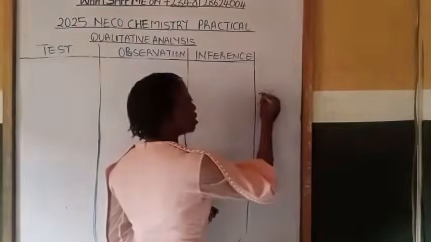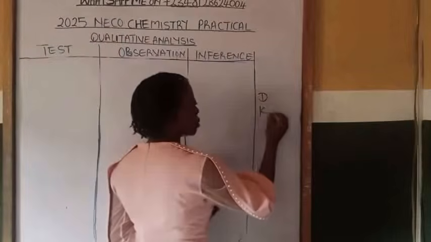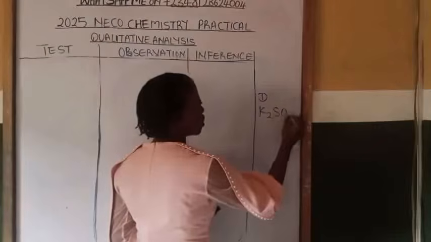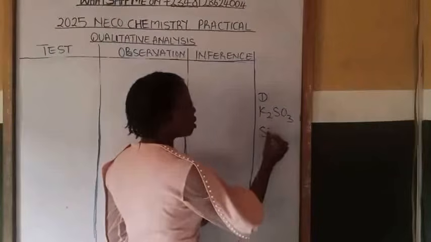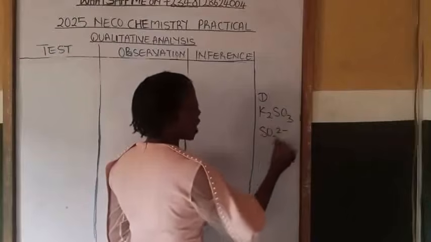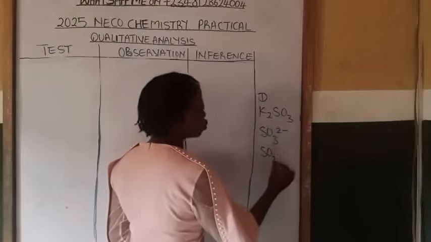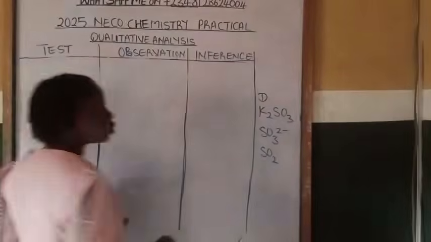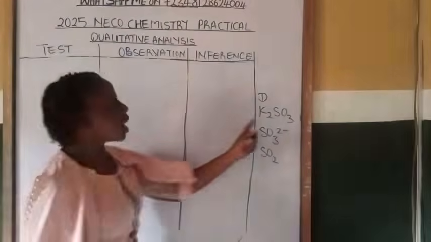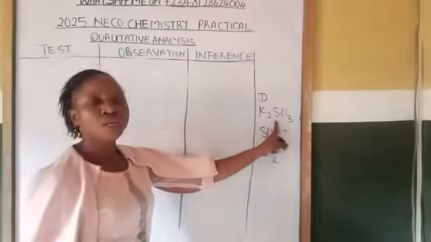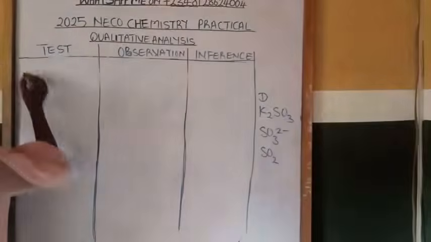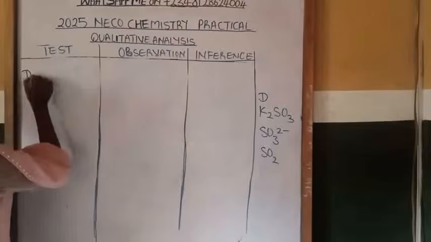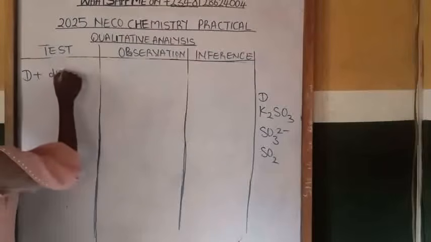Our sample D is potassium trioxosulphate 4. So we are going to test for trioxosulphate 4 and we are going to test for SO2 gas. Our potassium trioxosulphate 4 is soluble in water. So let's first talk about the solubility. So we are going to say sample D plus distilled water.